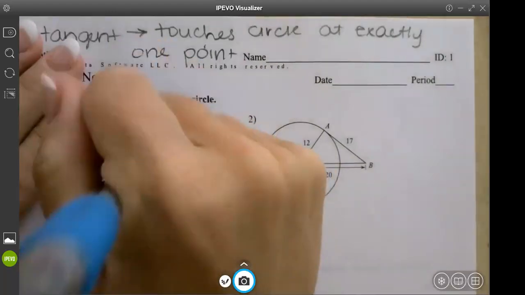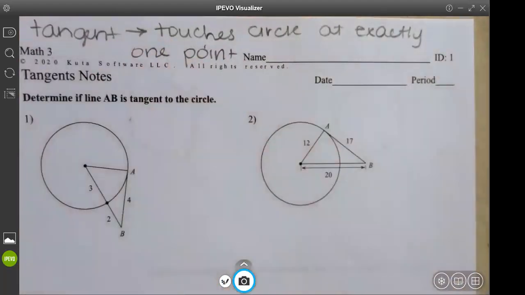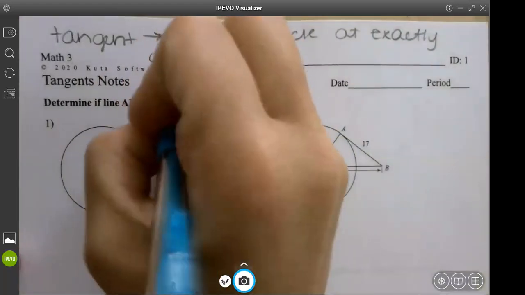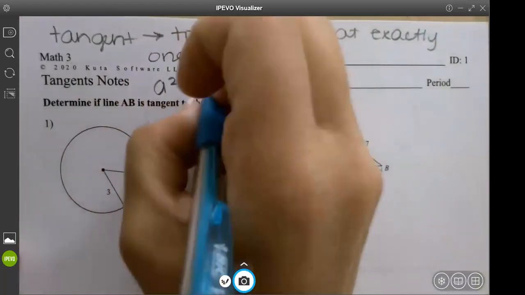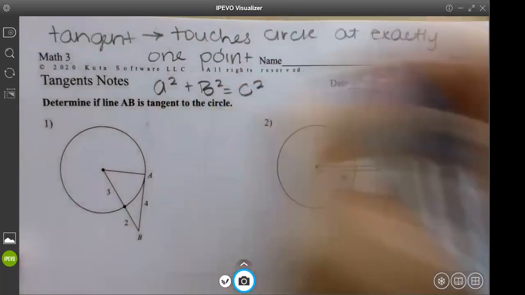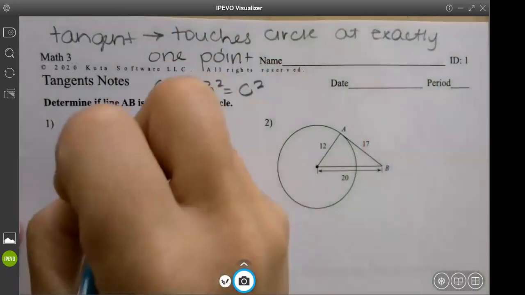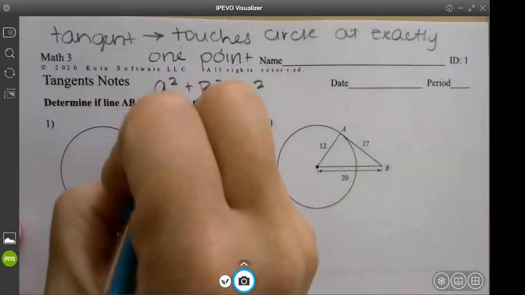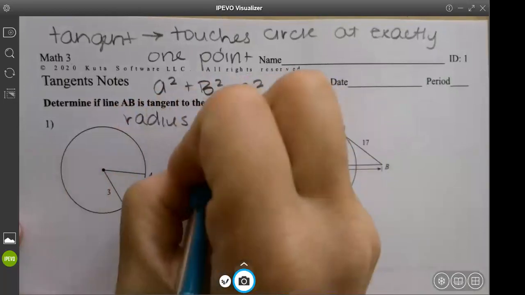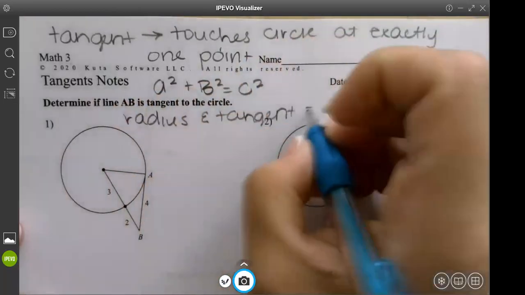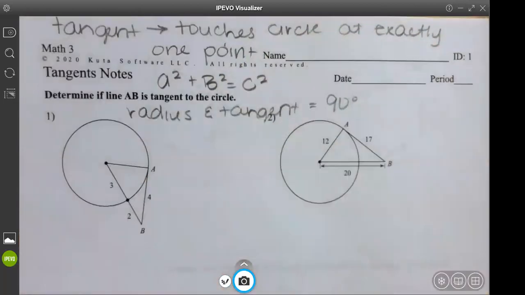So what we're looking at to determine if there's tangent or not is to use the Pythagorean theorem, which is a squared plus b squared equals c squared. And that's because a radius and a tangent makes a 90-degree angle.